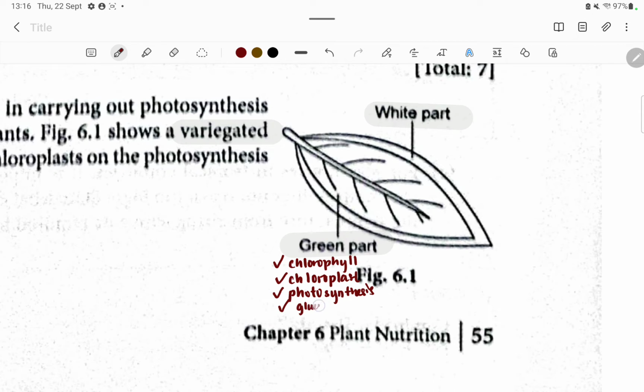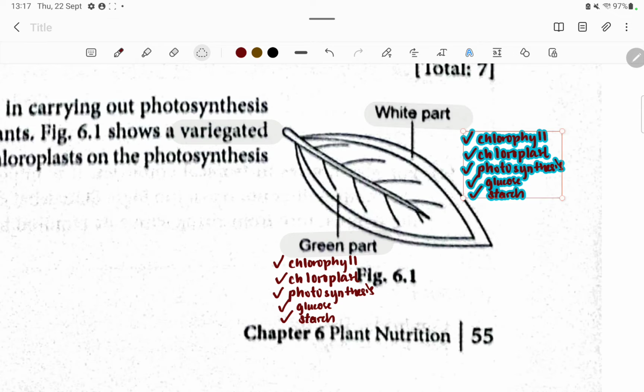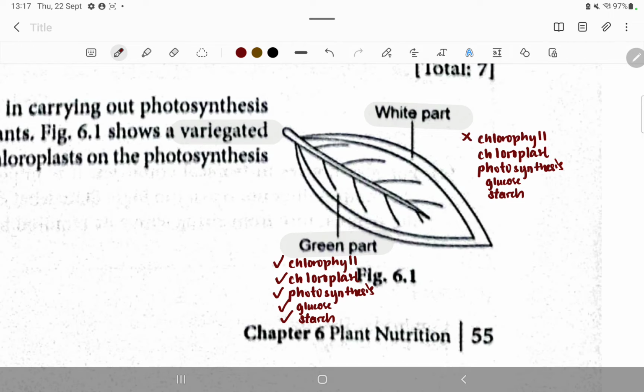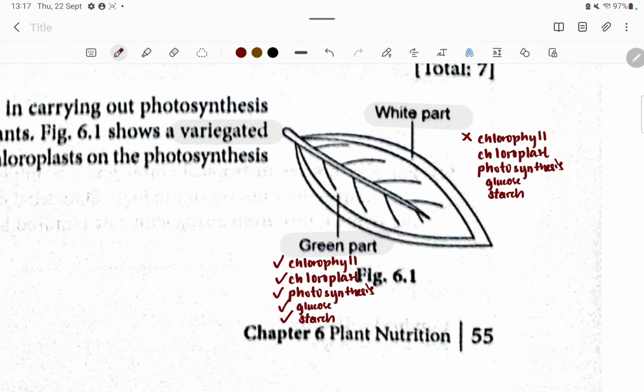Glucose produced means there is starch. The white part has no chlorophyll because it's not green, no green pigment. No chlorophyll means no chloroplasts, no photosynthesis occurred, no glucose is produced, no starch is formed.